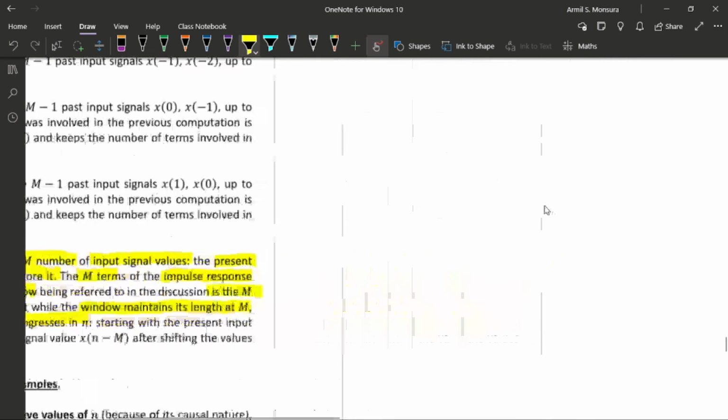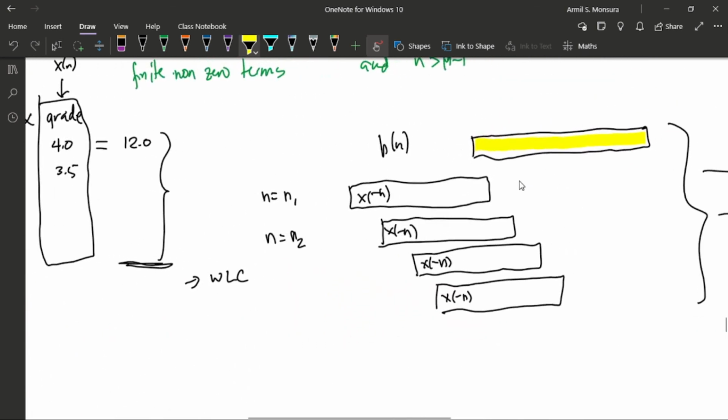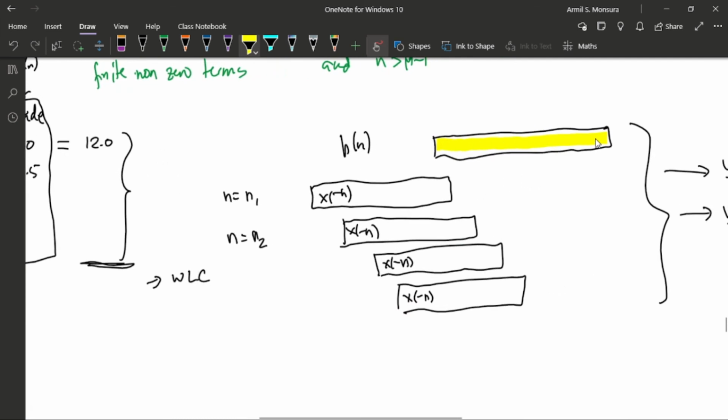While we maintain that the length of this is M, also the length of this is all M, because M number of terms are involved. But again, starting with the present term, the first term here would always be the present term. So all of them have length M.